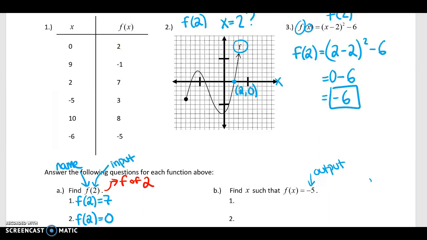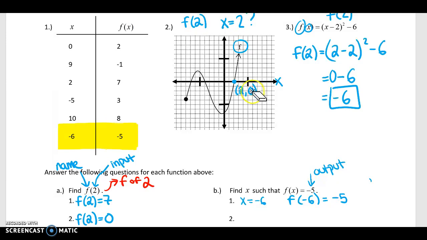Okay, so what this problem says is where is the output? Where is f of x negative 5? So I'm going to look at the f of x column and find negative 5. So that would mean your output is negative 5. And what's the corresponding input? What's the corresponding x value? You're finding x. So in this case, you would say x is negative 6. Or you can say f of negative 6 is negative 5.